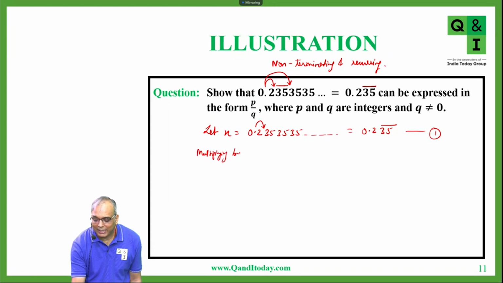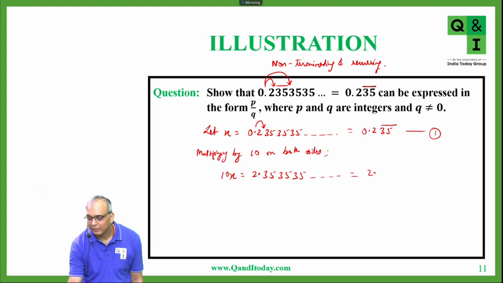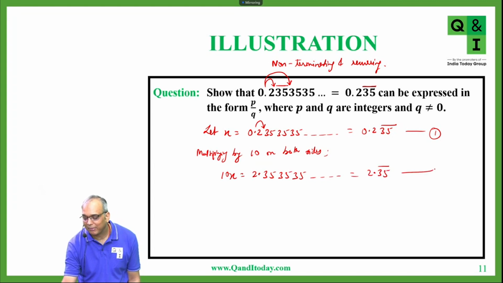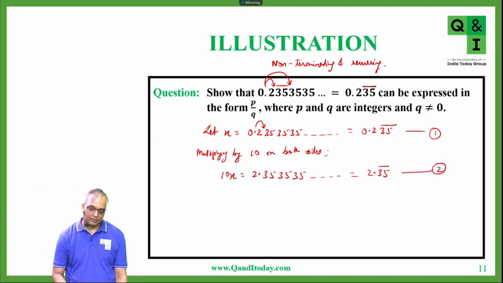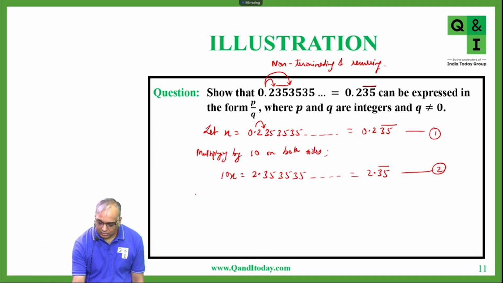So multiplying by 10 on both sides, we are going to get 10x is equal to 2.353535 and so on. That is 2.35 and bar over that. Second equation. Okay.